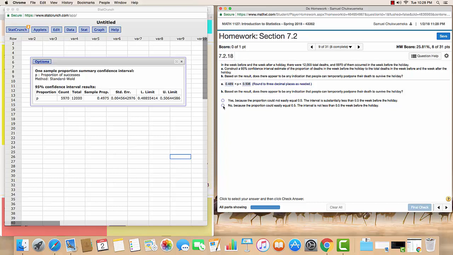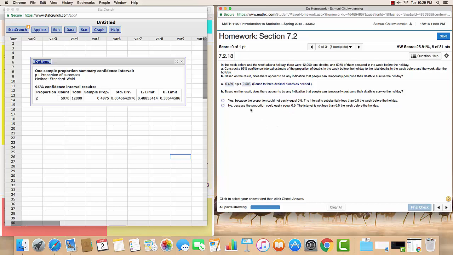You look at this confidence interval, and it could easily equal 0.5.